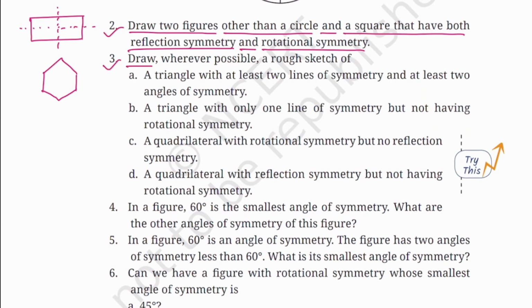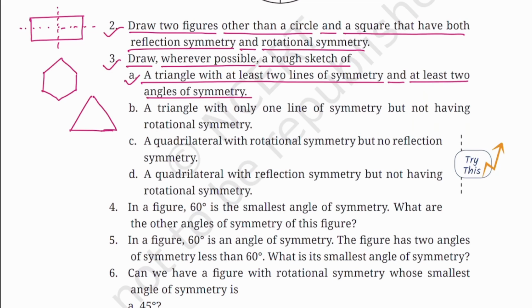3. Draw, wherever possible, a rough sketch of a triangle with at least 2 lines of symmetry and at least 2 angles of symmetry. You can draw an equilateral triangle. It will have more than 2 lines of symmetry and 2 angles of symmetry.